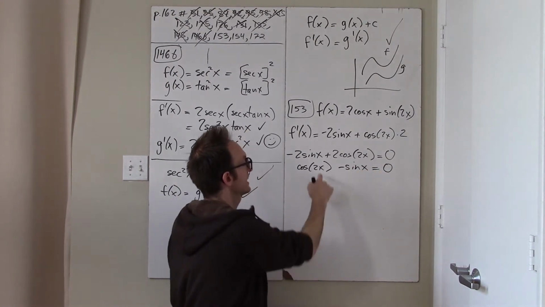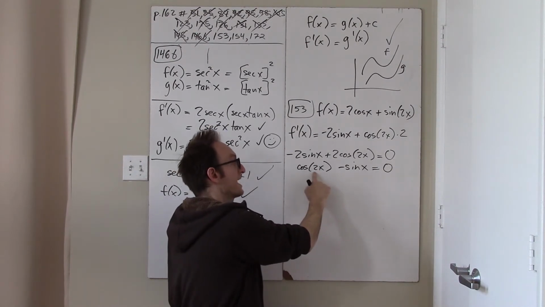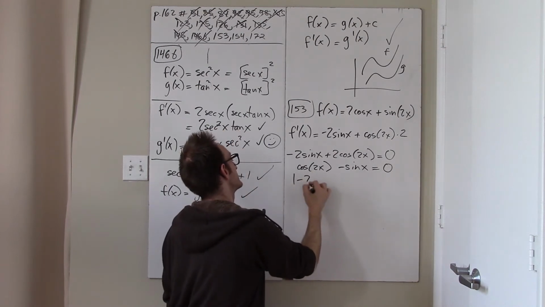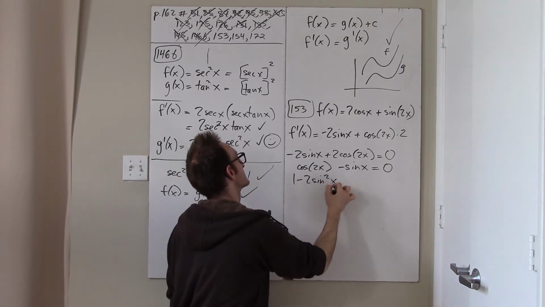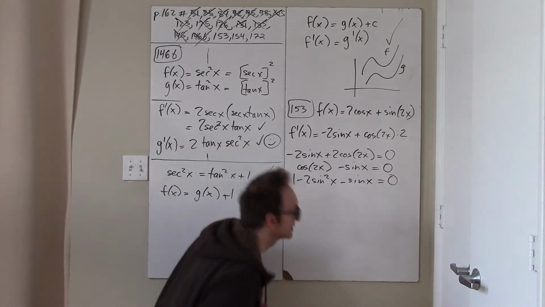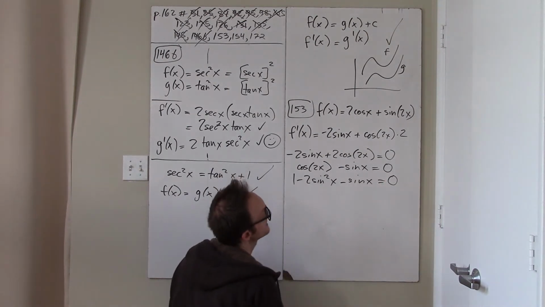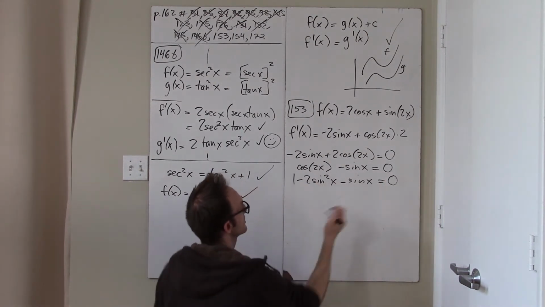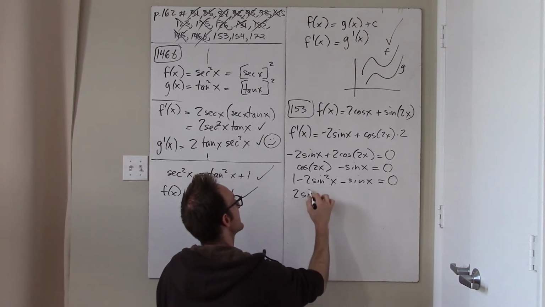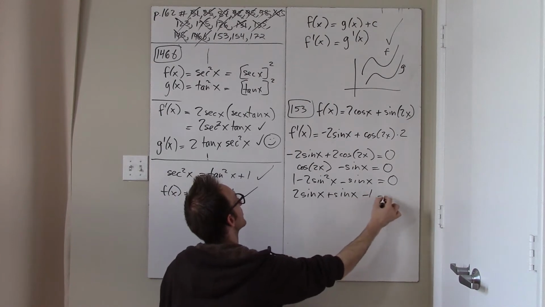Well, here's where you try to convert this into sines, and you can do that, right? There's a rule for cosine 2x. It's 1 minus 2 sine squared x, and therefore I've now reduced this down to an equation that is quadratic in sine x. Okay, so multiplying through by a negative, that gives me 2 sine squared x minus sine x minus 1.